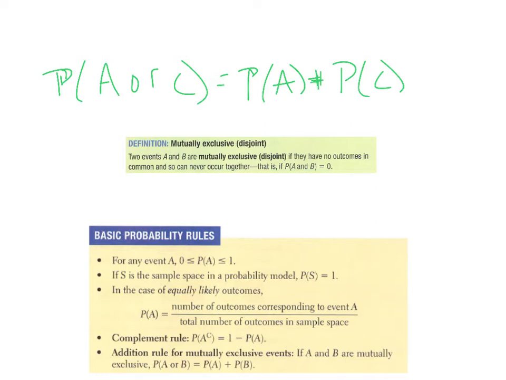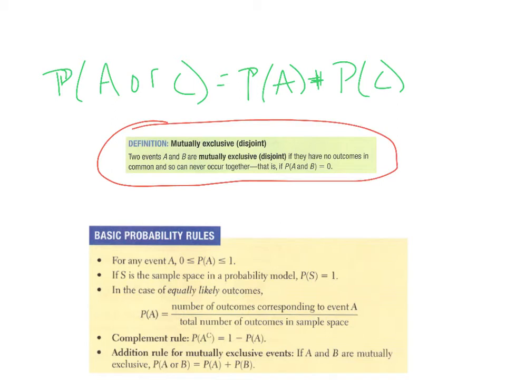There is no way to roll the dice and get a sum of 5, and then also get a sum of 6. Okay? When that occurs, the events are considered mutually exclusive. Events are considered mutually exclusive if they have no outcomes in common. Therefore, no matter what, the two events could not occur together. So the probability that you had a sum of 5 and a sum of 6 would equal 0. That would make them mutually exclusive. The two events could not occur at the exact same time.